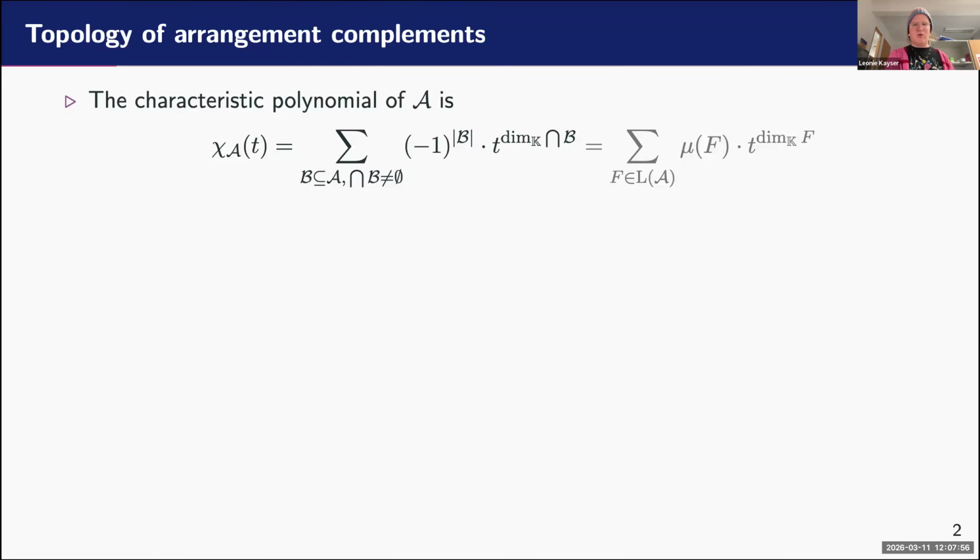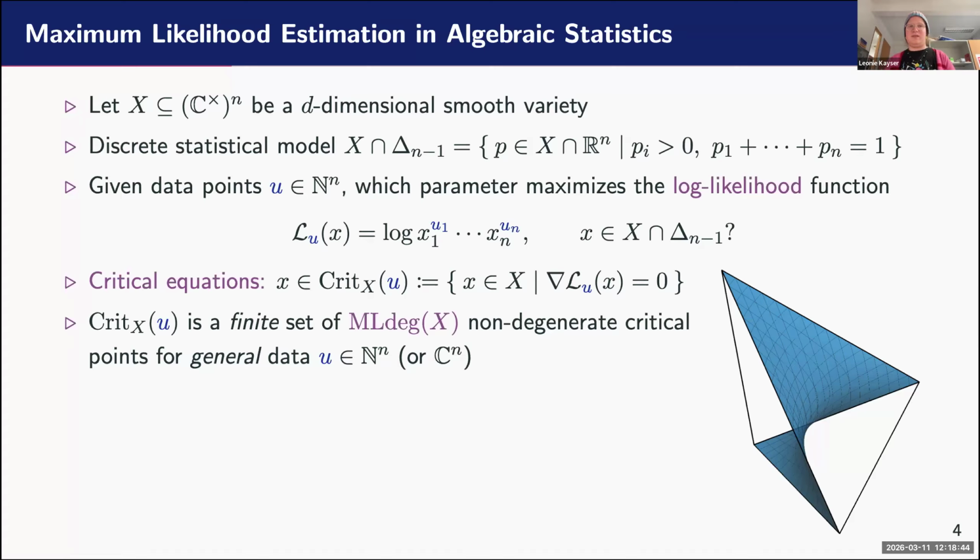And it turns out that for almost all possible data u, this is a finite set of non-degenerate critical points. And the number also doesn't depend on u for general u. And this is called the maximum likelihood degree of this particular algebraic variety X.